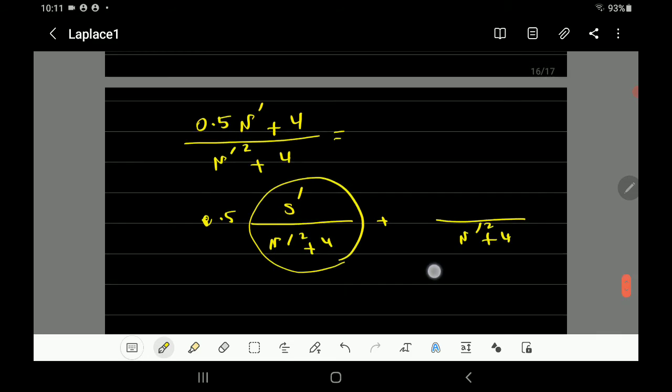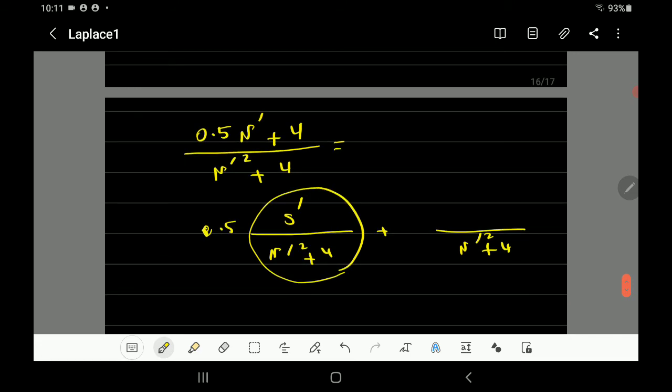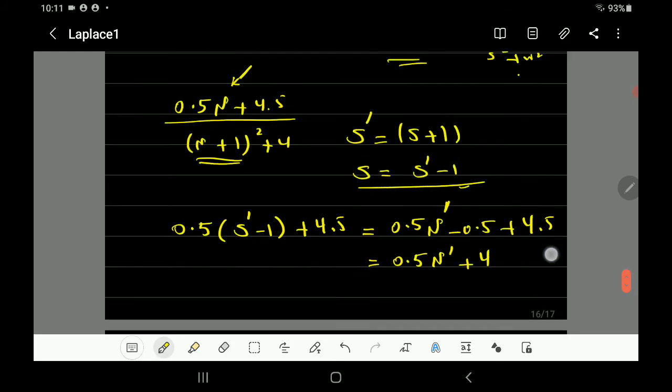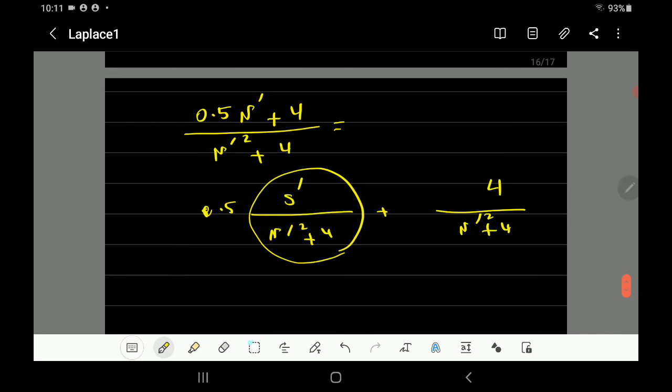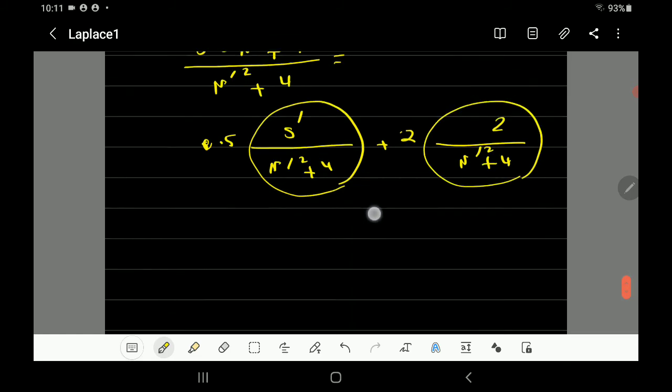For the other term, over s dash squared plus 4, you need to find 4 here. True? All right. Why am I doing that? You have to have omega only 2. Well, that's okay, but you have 4 here. Simple: you have 2 here and the other 2 outside. 2 times 2 is 4. I'm doing that so it will look like the sine.